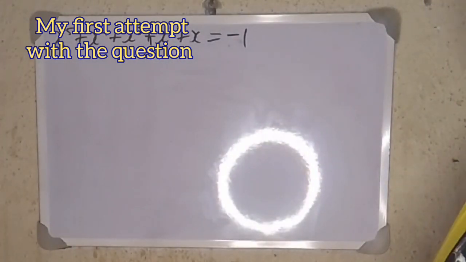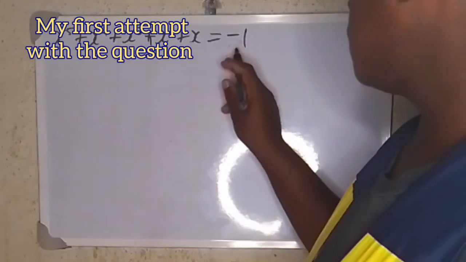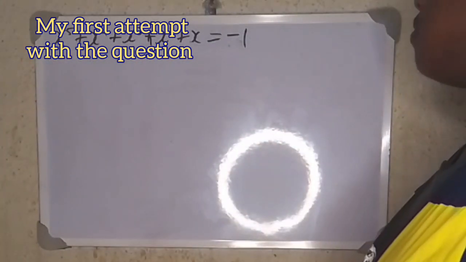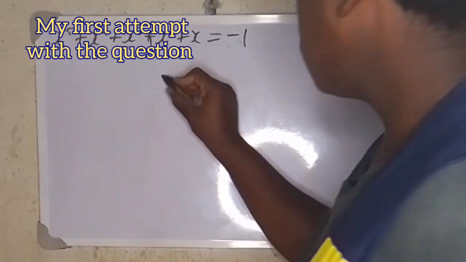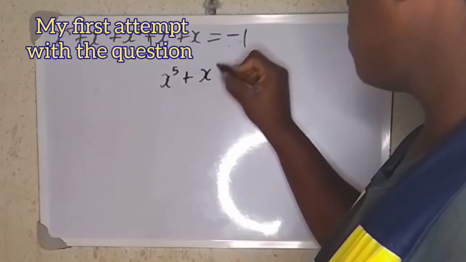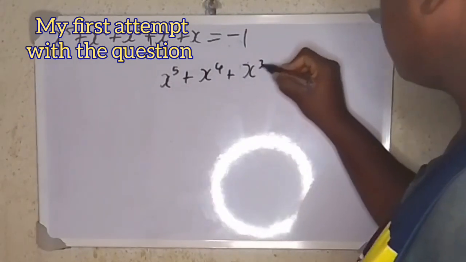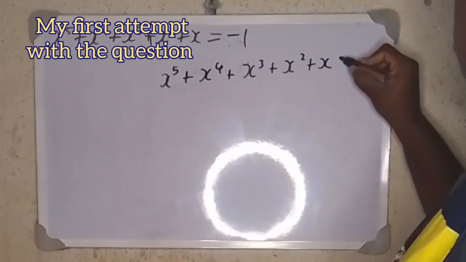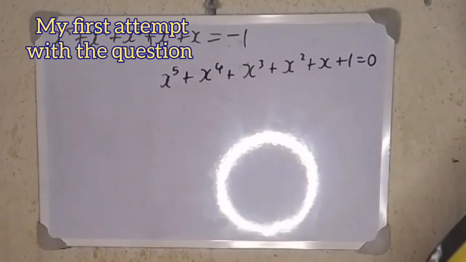The next thing I want to try is moving this negative 1 to the left hand side. If I move negative 1 to the left hand side, I will get x to the power of 5 plus x to the power of 4 plus x to the power of 3 plus x to the power of 2 plus x plus 1 is equal to 0.